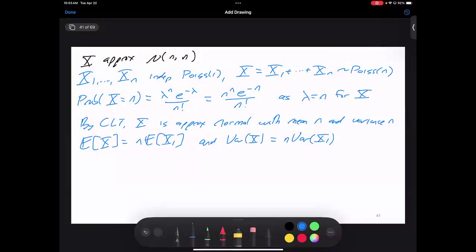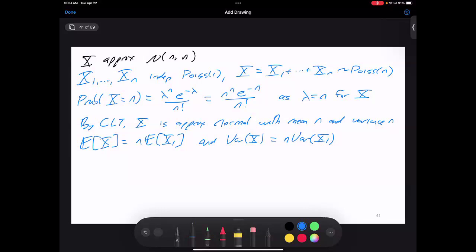So what does this mean? What is the probability that a normal random variable takes on the value n if the normal random variable has mean n and variance n? So what's the probability a normal random variable takes on the value n with mean n and variance n? You should be able to give this in your head without any calculation.